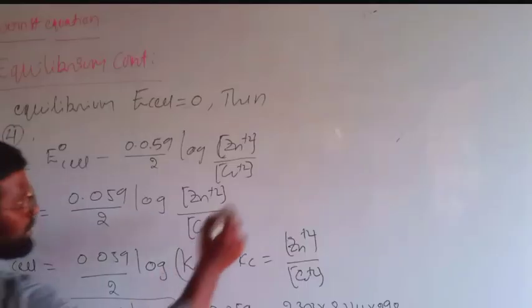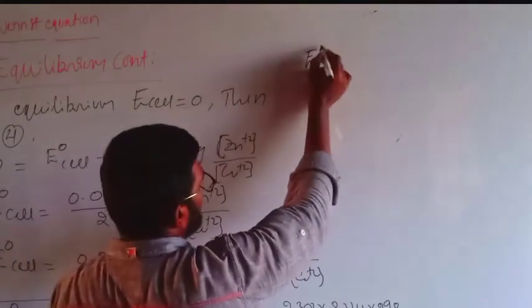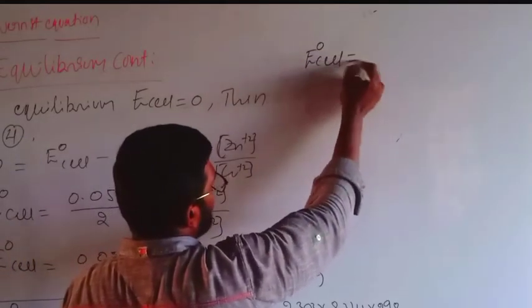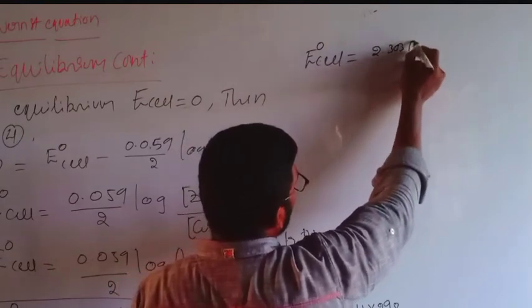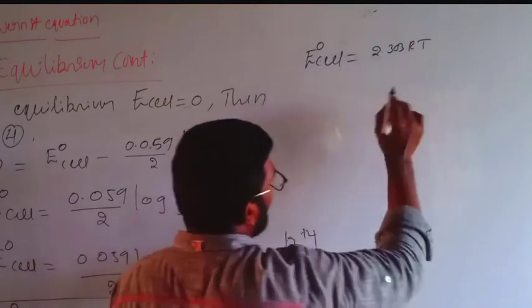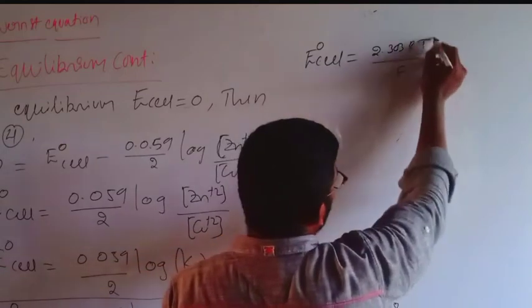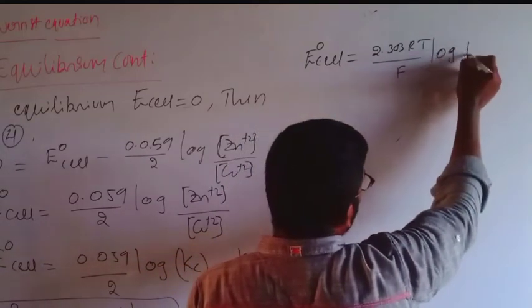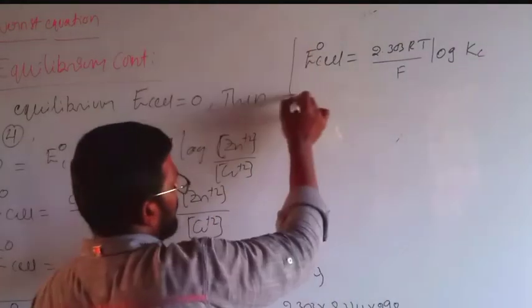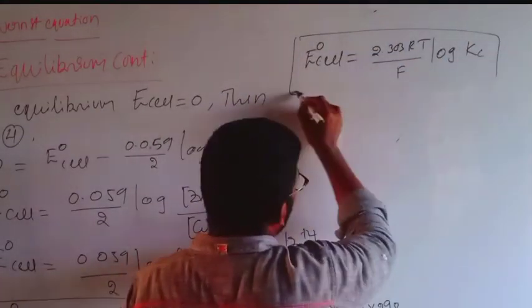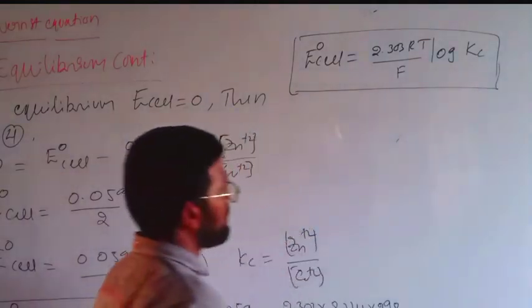It can also be written as standard electrode potential of the cell is equal to 2.303 RT by F log Kc. So this is the formula for equilibrium constant.